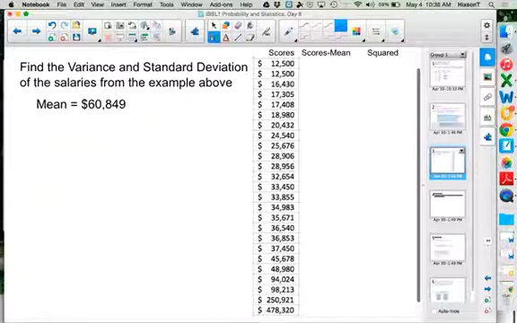All right, so 60,849 subtracted from 12,500. That's going to be a negative 48,349. This is also going to be a negative 48,349.